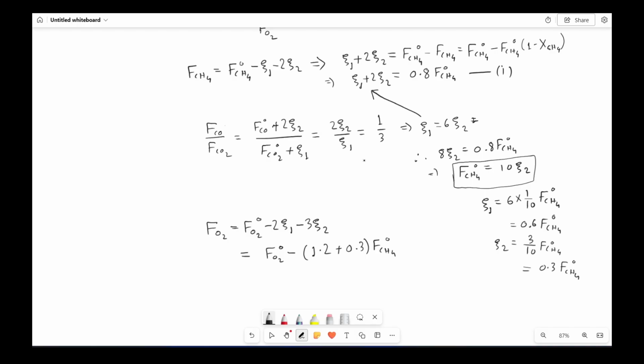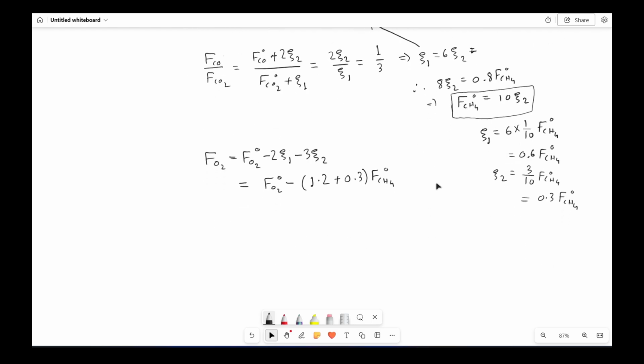You have to do these calculations very quickly for solving GATE. I am explaining here, but you can do all these steps very quickly within the time limit. This is equal to FO2 naught minus FO2 equals 1.5 FCH4 naught.